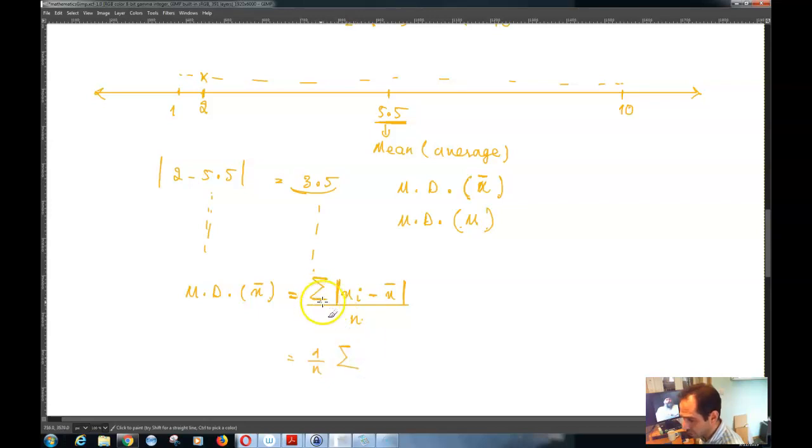Of course, here i goes from 1 to n, that you already know. And then this you can write as 1 divided by n times sigma of the absolute value of x of i minus x bar when i goes from 1 to n, for example. So that's the mean deviation about the mean. This is the mean deviation about the mean.